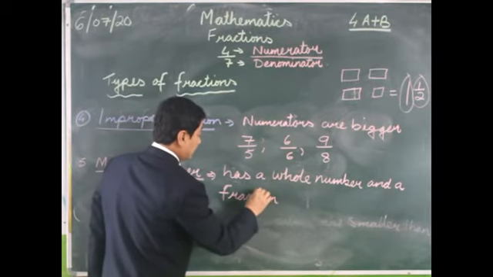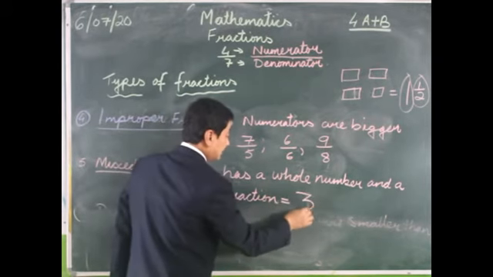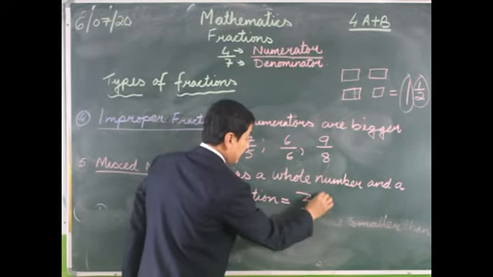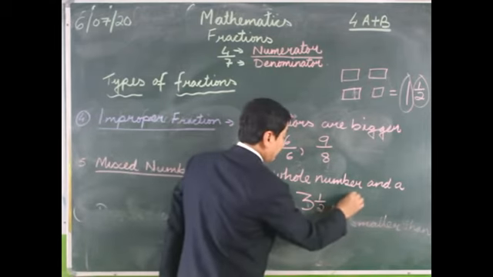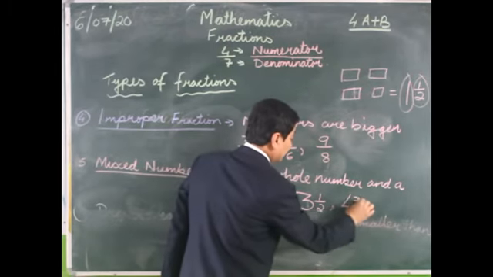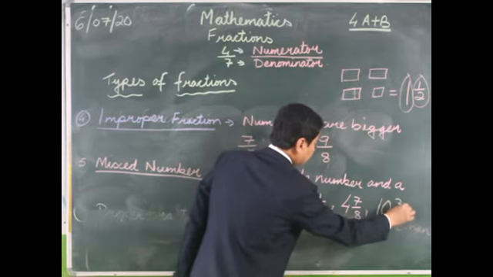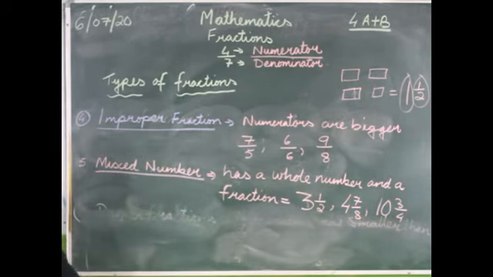So we can write this fraction like this. For example, we write 3 in the middle, put a line, 1 upon 2. 4, 7 upon 8. Let's write one more. 10, 3 upon 4. So that's how we write mixed numbers.